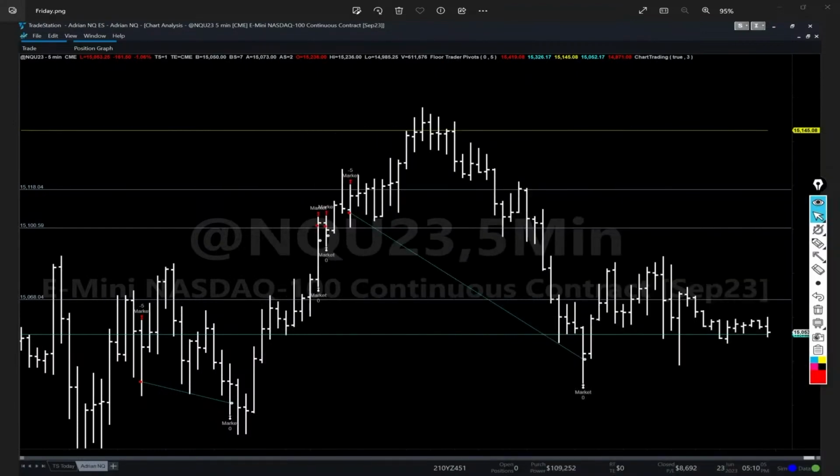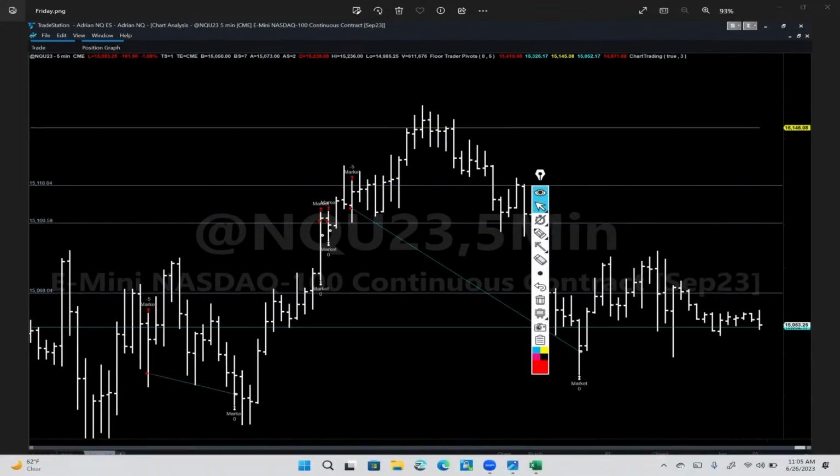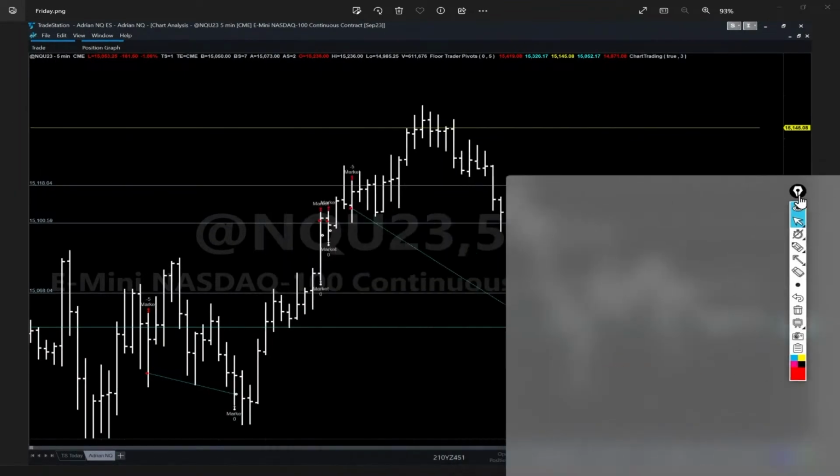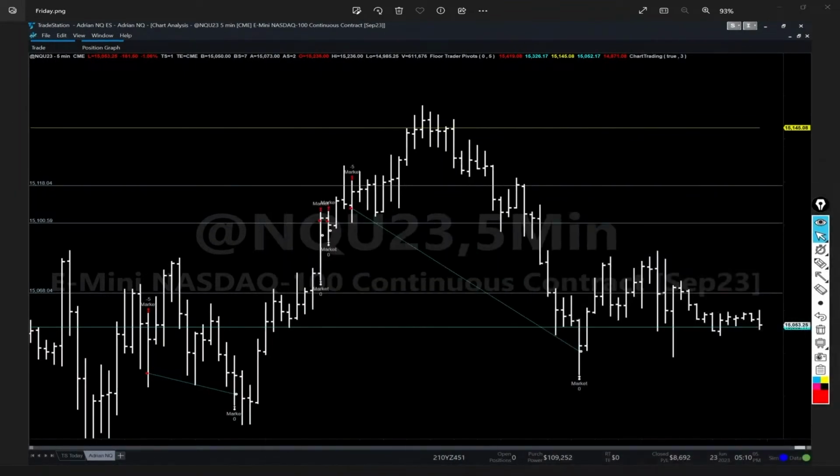And so if you're trading the futures contract, if you're trading the E-mini, and let's say you're trading 5 contracts on this, then Friday's move was, remember, we were looking for confluence on the short side of the market, and we were looking to get in right at this line here at 15,118.04.